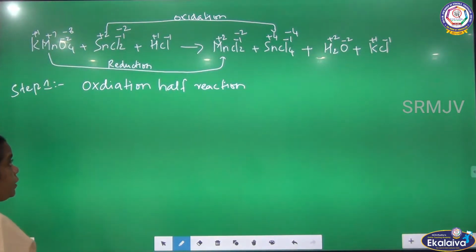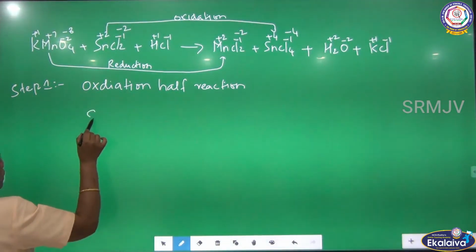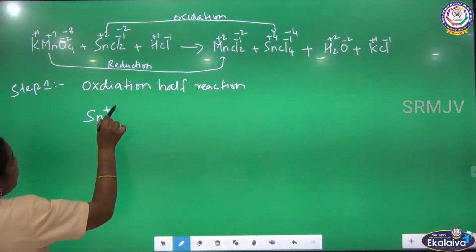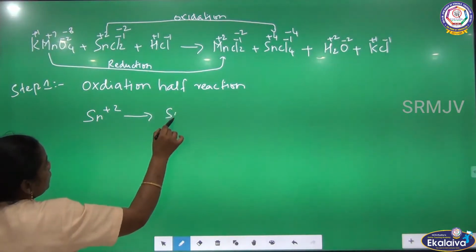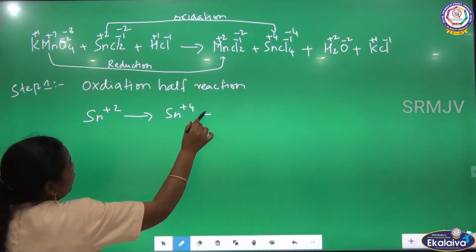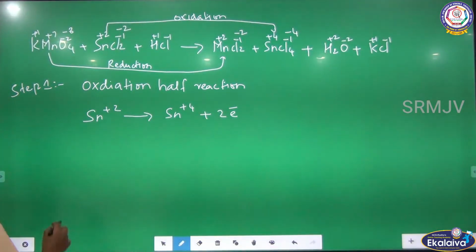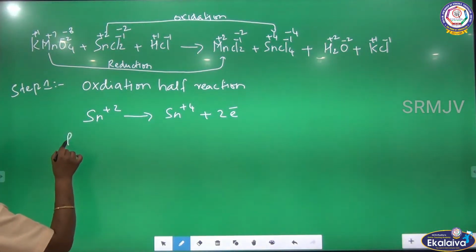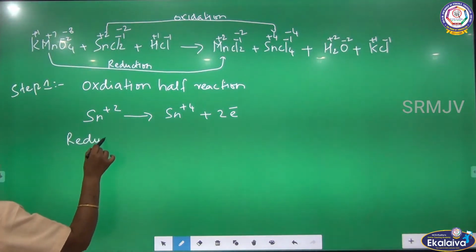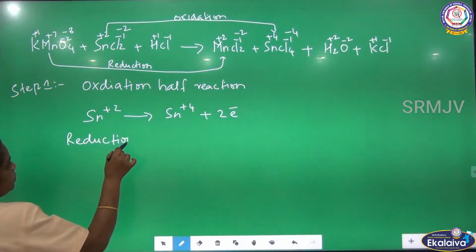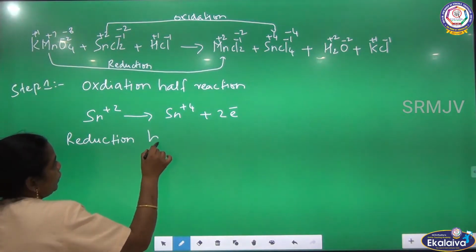Which one undergoes oxidation? Strontium: Sn2+ becomes Sn4+ by losing 2 electrons. And next we have to write the reduction half reaction.